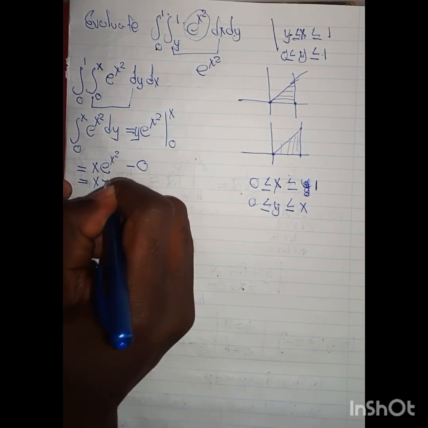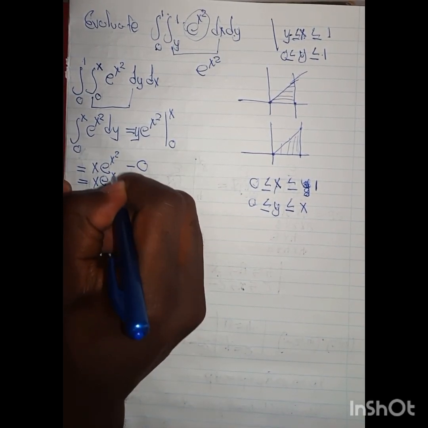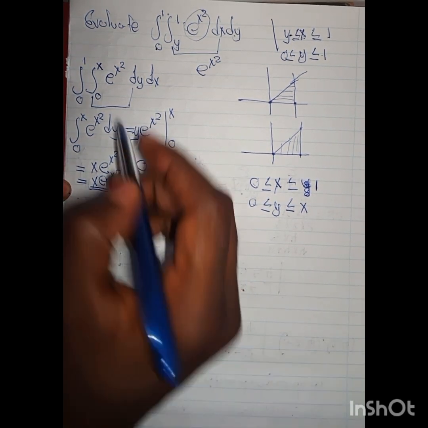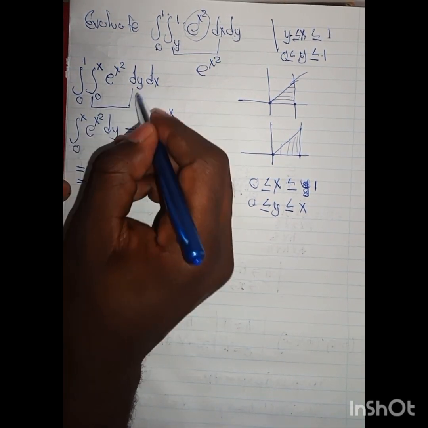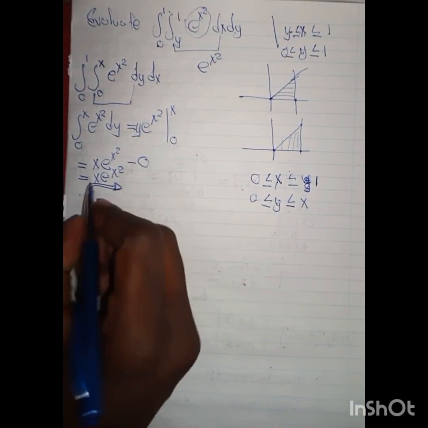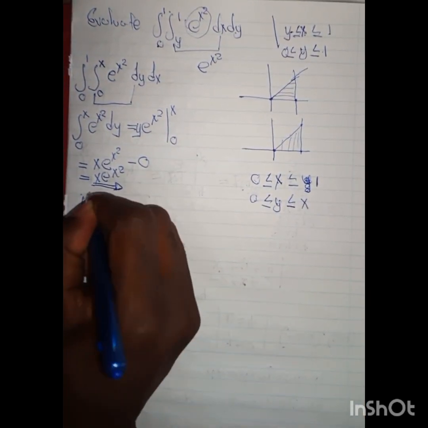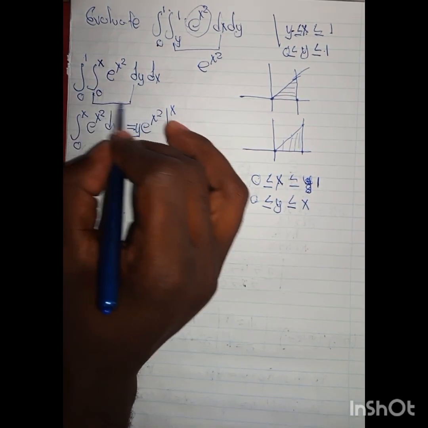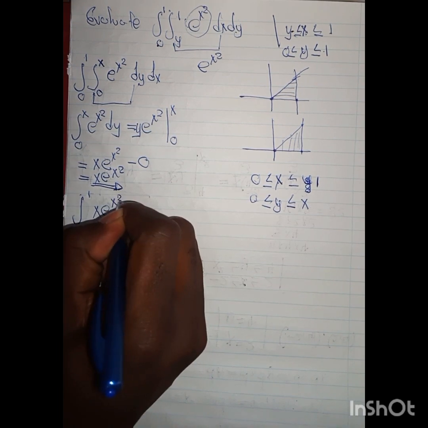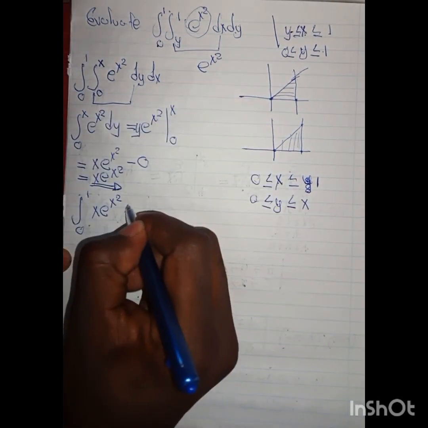As a final answer, I'm getting x e to the x squared. Then this part will be used to represent what we have here. So from 0 to 1, instead of this integral, I will have x e to the x squared dx.